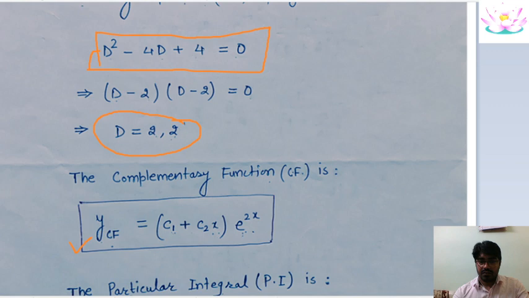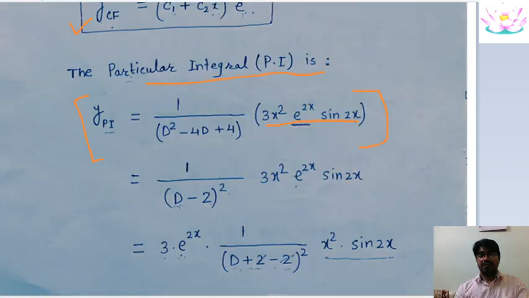The particular integral can be written in this form. This right hand side term is like this, and see, this D square minus 4D plus 4 is nothing but the auxiliary equation. This D square minus 4D plus 4, we can write as (D minus 2) whole square.